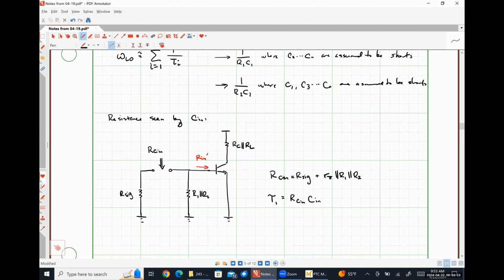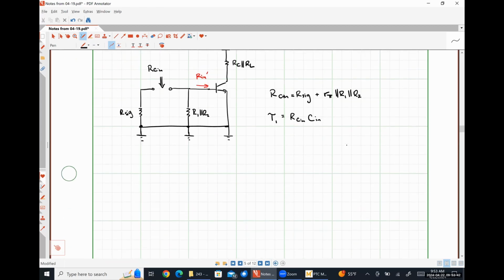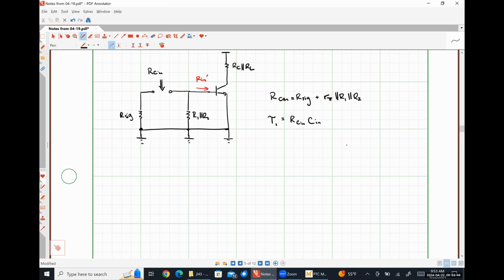Fantastic question. So R sig isn't in parallel because it doesn't share this node, right? So how I came up with that is if I tie all these grounds together, I effectively have something that looks like this.